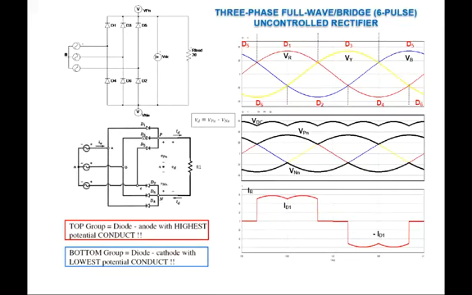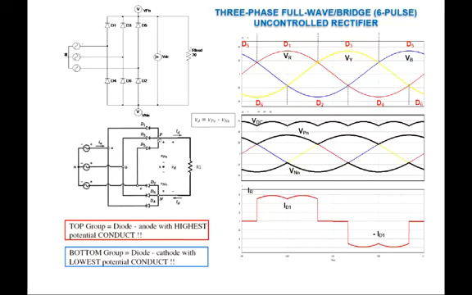When D3 is on, the P voltage here will equal the yellow phase voltage, and if D5 is on, it will follow exactly the blue phase voltage, right? With respect to that N neutral point.